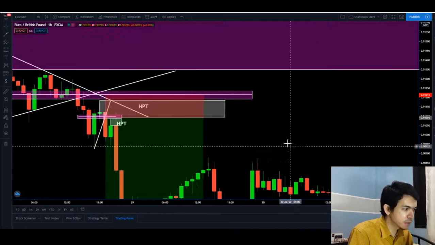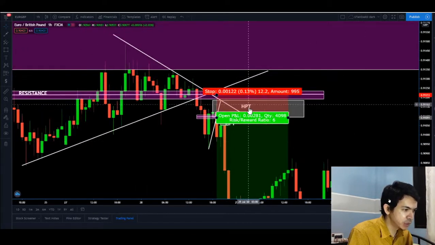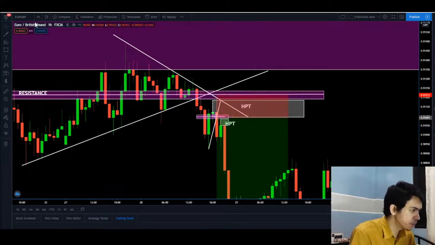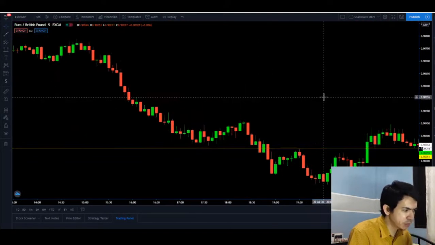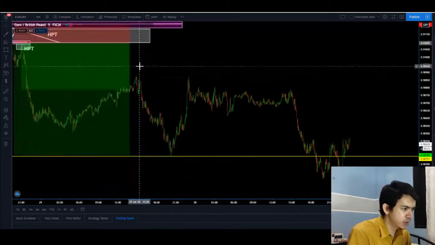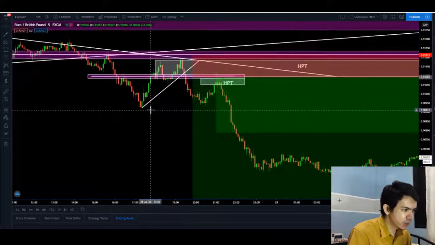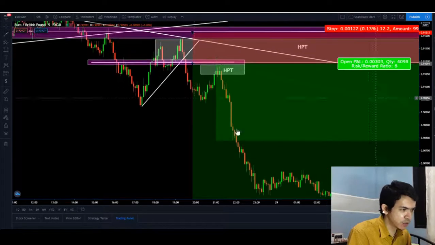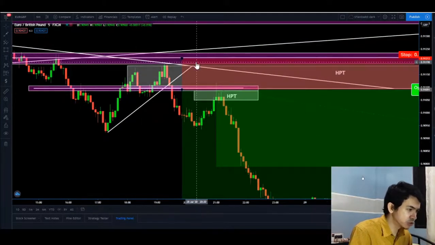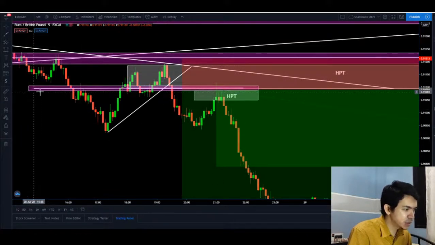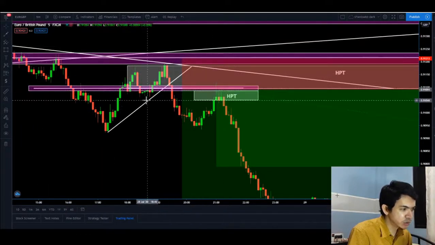So when the price reacted to my HPT trade area or zone, I then went again to a much lower time frame for a much more pinpoint entry as much as possible. All right, thus repeating the process of utilizing the TFP warrior system. I again marked my counter trend line break and my key resistance level or zone.